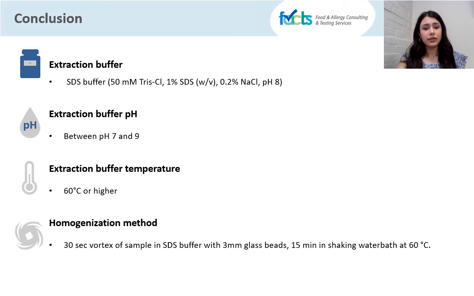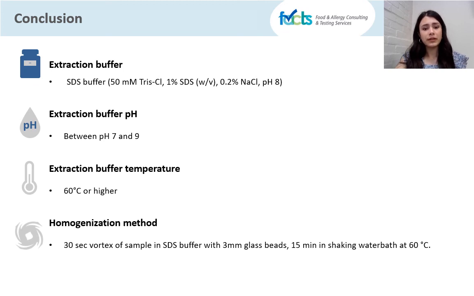When we consider the overall extraction results, it can be concluded that the STS buffer allows for a higher protein yield and that the surfactant, STS, plays a big role in the solubilization of protein, rendering pH a less significant factor. The extraction temperature indicated a higher protein yield at 60 degrees Celsius or more.